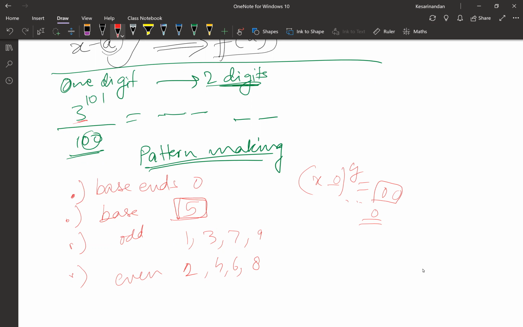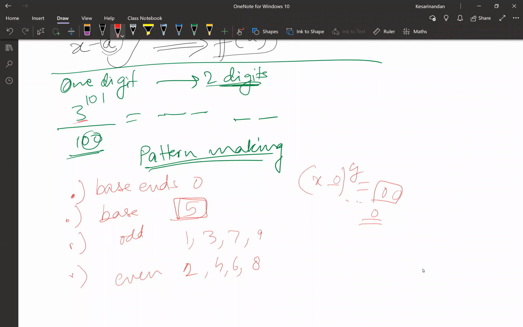How will this end, guys? Any idea? 5. Okay, only 5. If we multiply 5 by 5 by 5, will I arrive at a condition where my unit digit will be 0? 525.